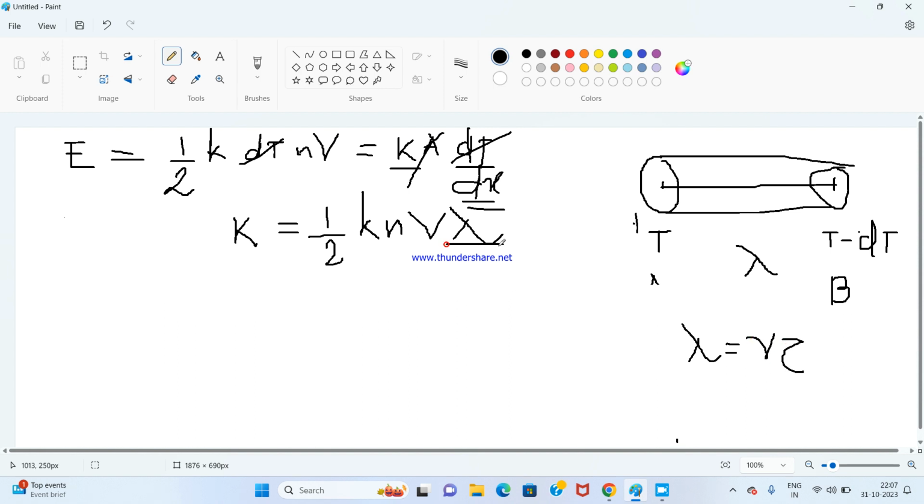So now if I replace this value here, the thermal conductivity, that means capital K, will appear as half k, here we will put V tau, so that means V square tau.